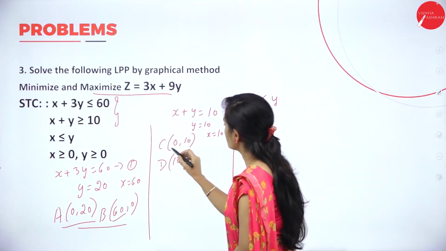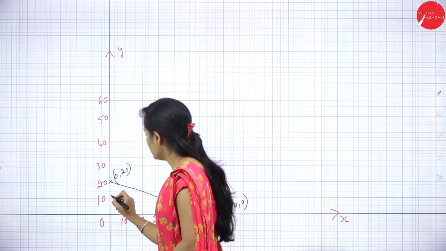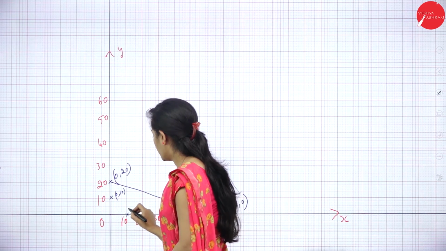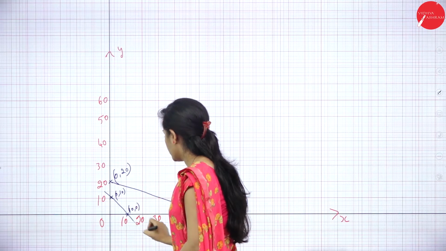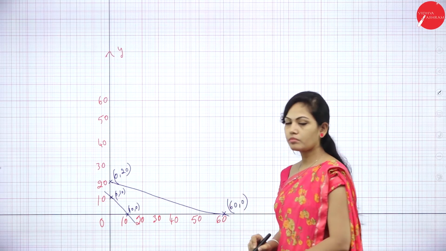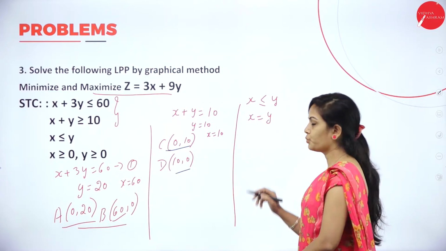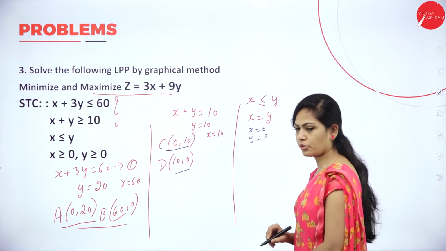And the next points are 0, 10 and 10, 0. I have connected these two points. So now here I have x less than or equal to y. Put x is equal to 0, y is also equal to 0, right?